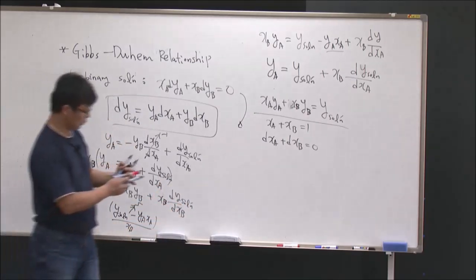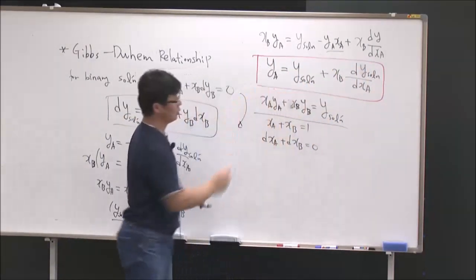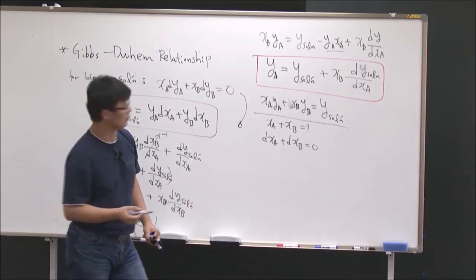Is it okay? So eventually we get this one. This is the modified Gibbs-Duhem relationship.